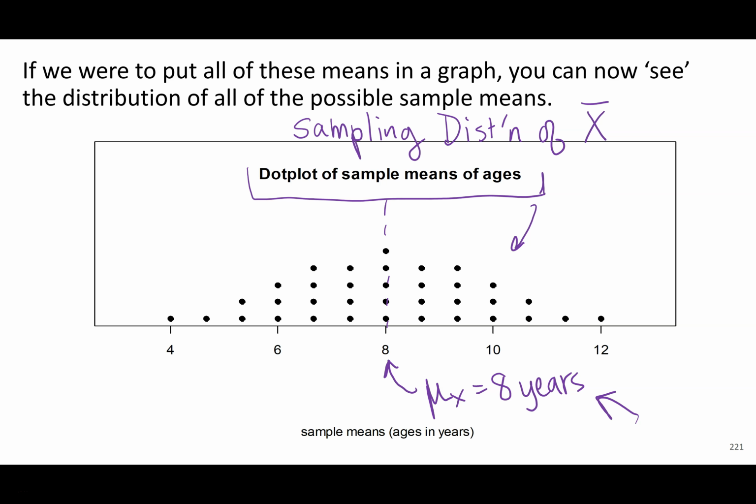So we are showing a scenario where we do know the population mean and we do know characteristics about the population, to show that when we do sample and take all the unique samples and take all those averages from those unique samples, it will be centered where we want it to be, at 8 years.